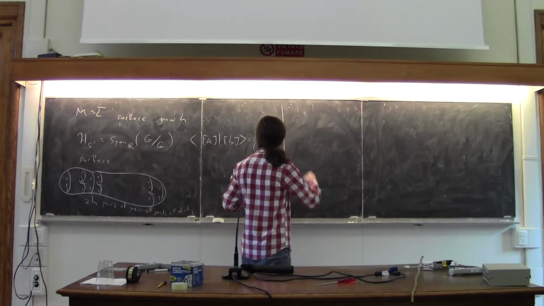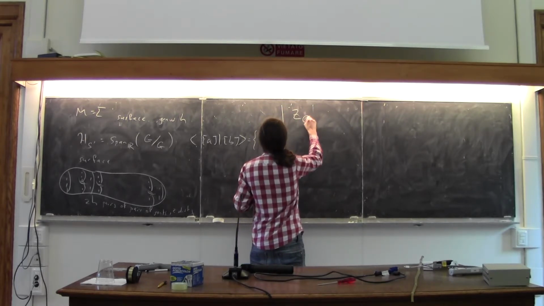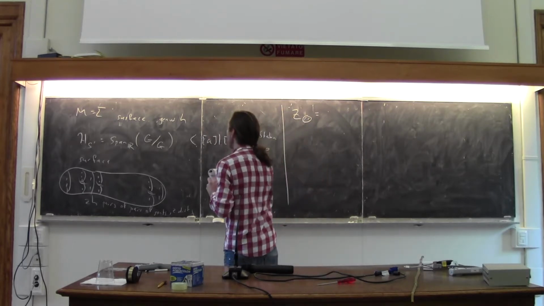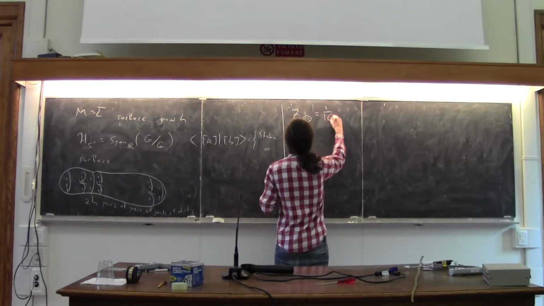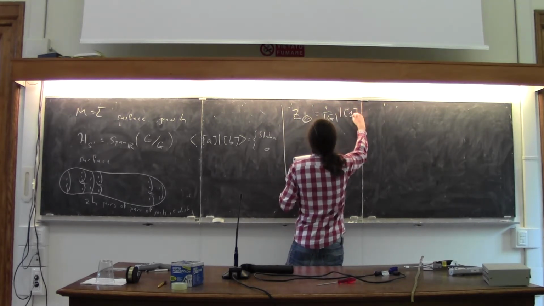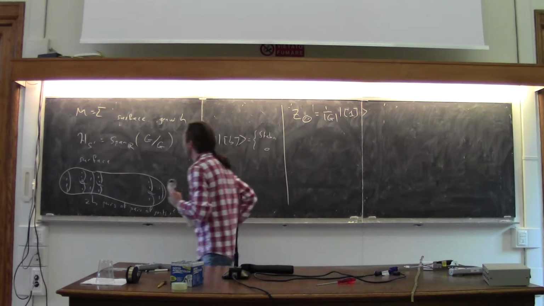So for a disk, by definition, I get 1 over |G| times just this vector associated to the unit conjugacy class.